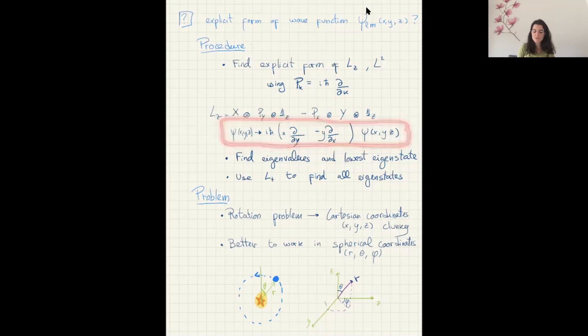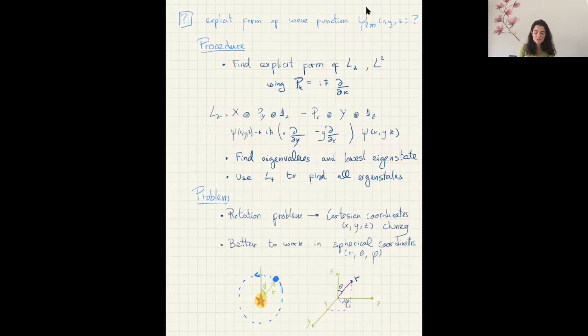Then we just need to find the eigenvalues and the lowest eigenstate, and then apply the ladder operator to find all the eigenstates. So what's the problem with this? Angular momentum has to do with rotations. We saw before it studies problems like the orbit of a planet, in this case a quantum planet, like an electron.